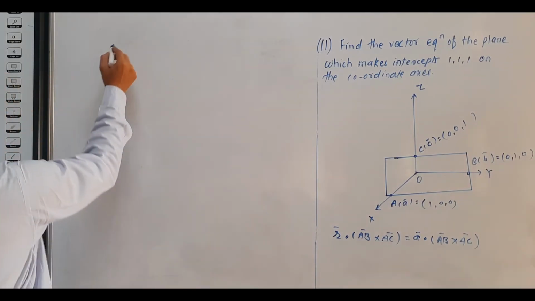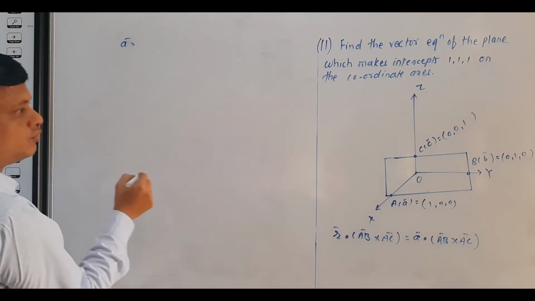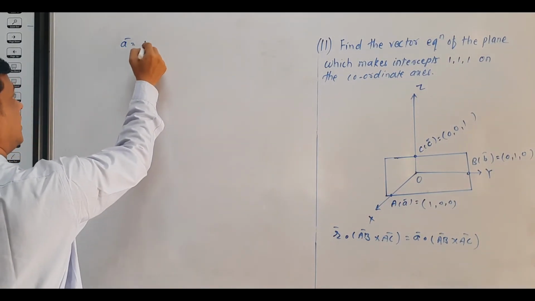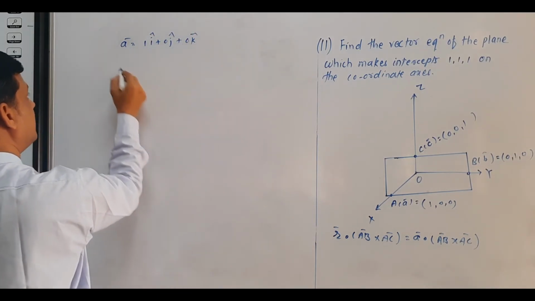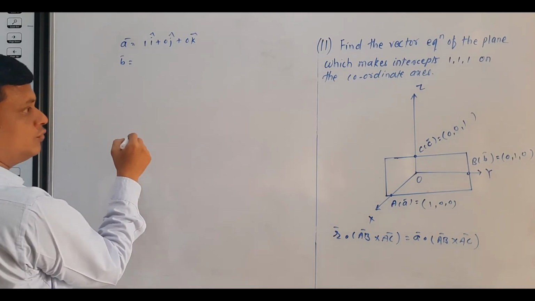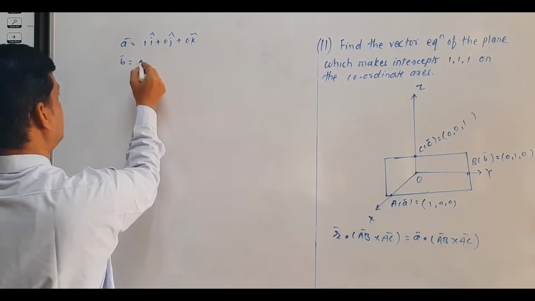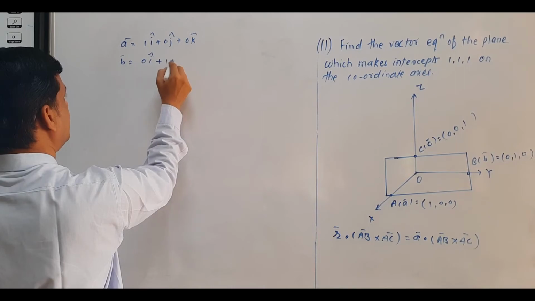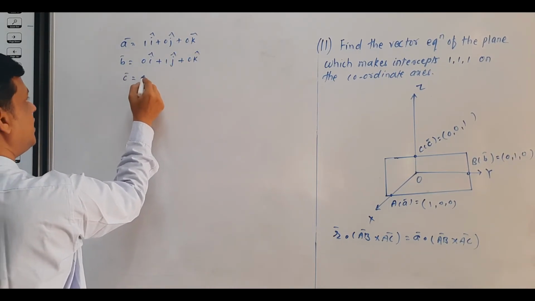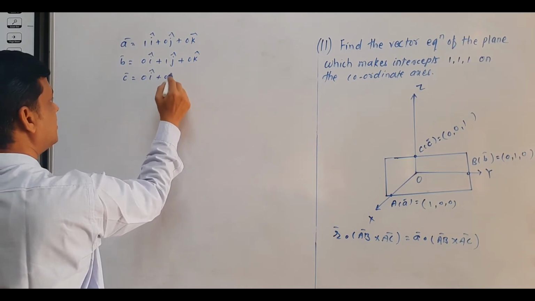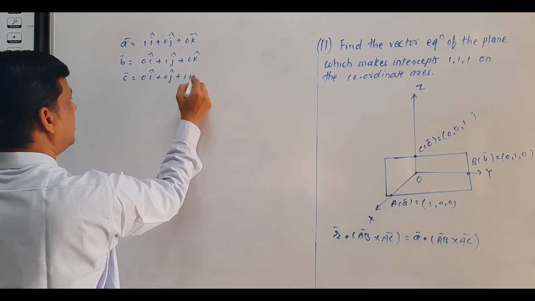So we write here A bar is equal to 1i plus 0j plus 0k. B bar is equal to 0i plus 1j plus 0k. C bar is equal to 0i plus 0j plus 1k.